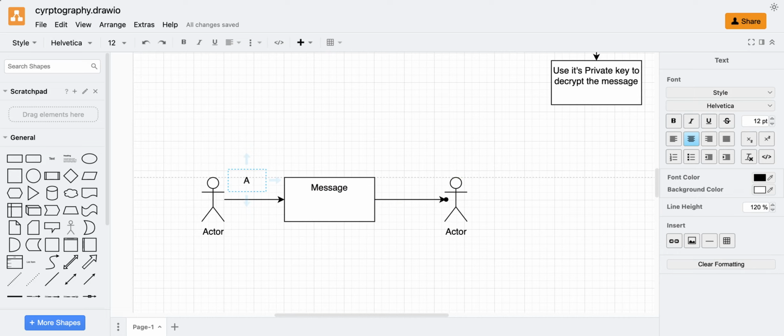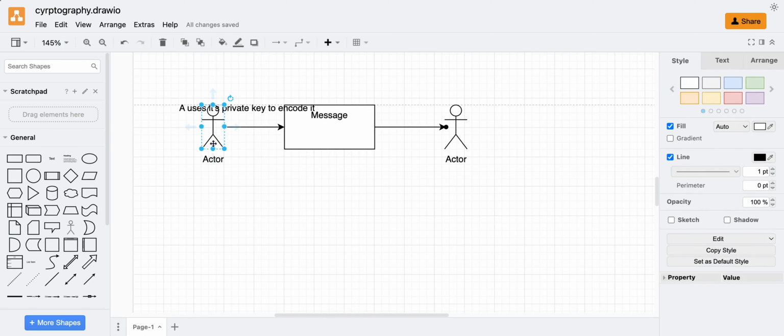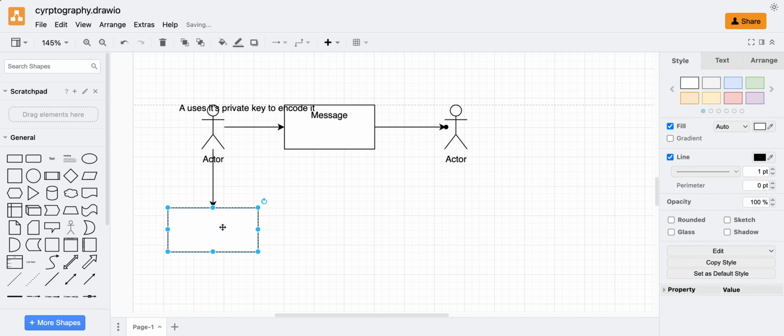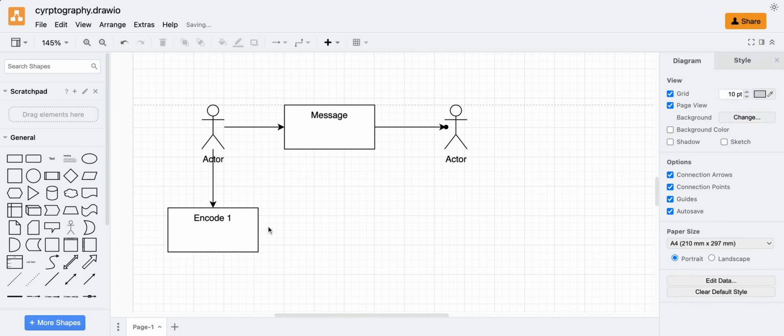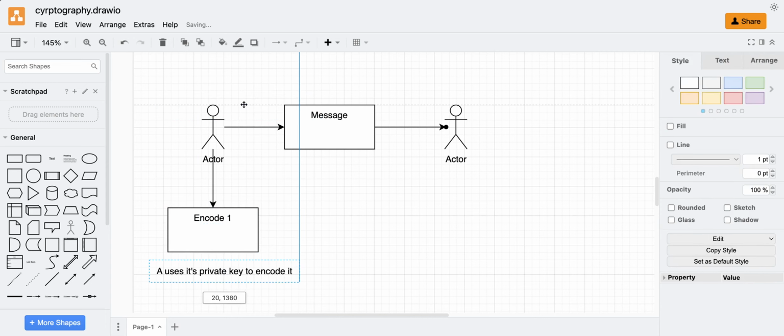First A uses its private key to encode it. So we are going to have encode 1. Here it is encoding the first time, using its private key to encode it.